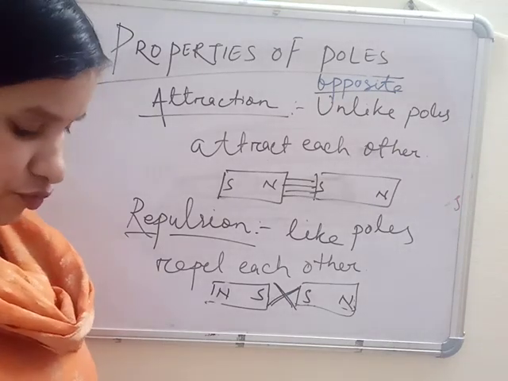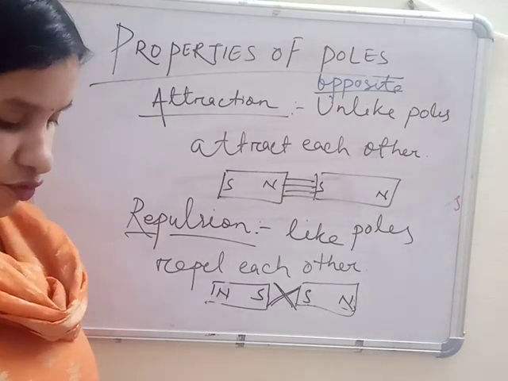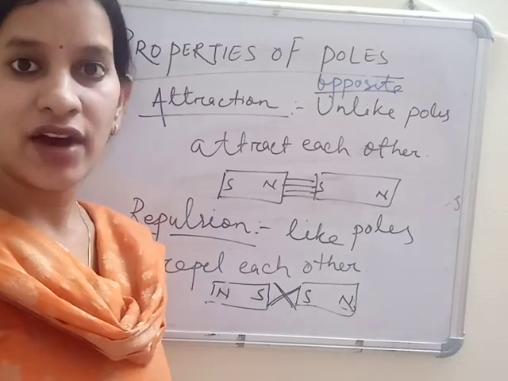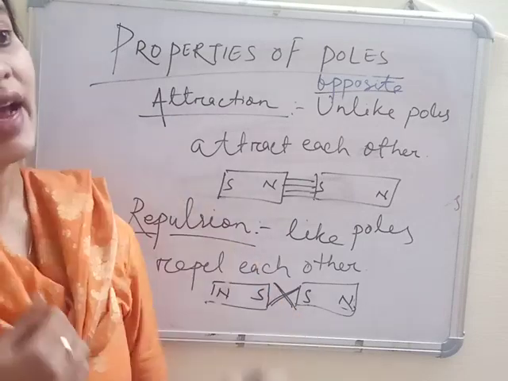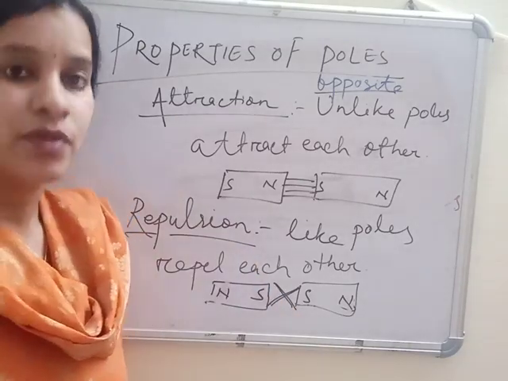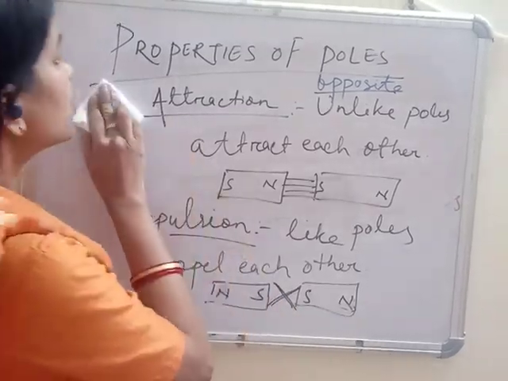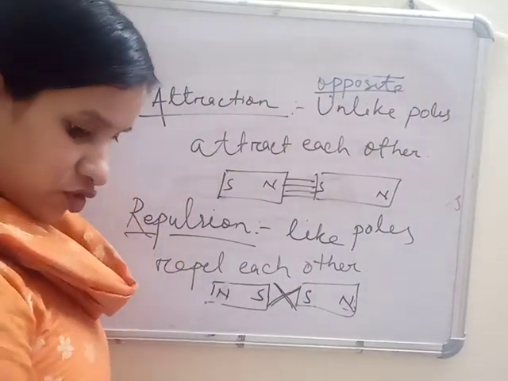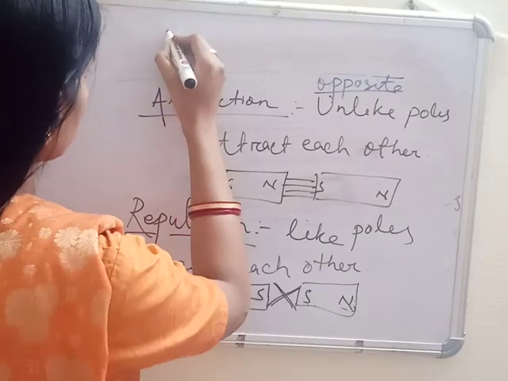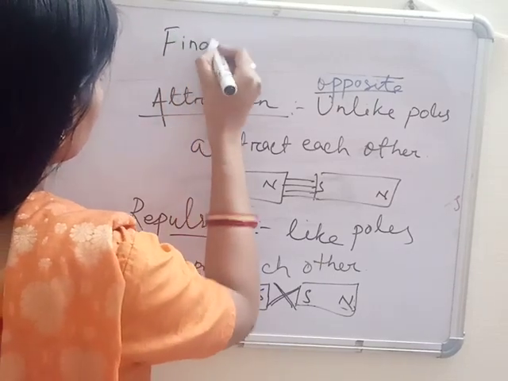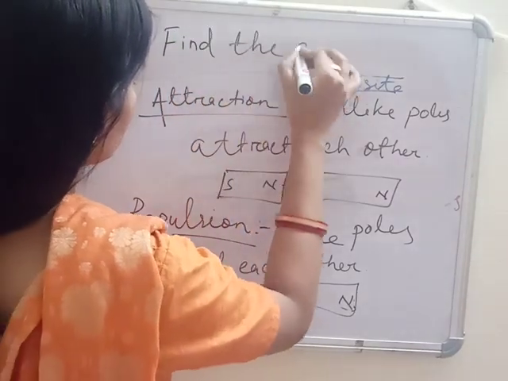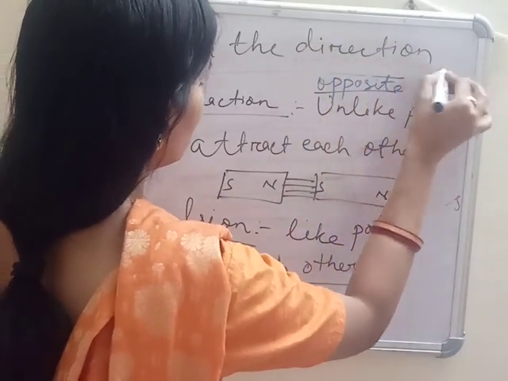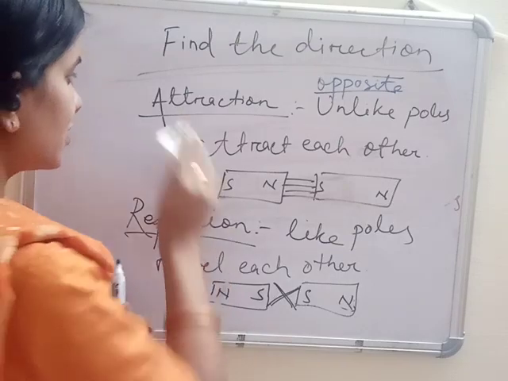Next we are going to move to the use of magnets. Nowadays magnets are widely used, but magnets were also known to ancient people. Ancient people used magnets to find direction. So how is the magnet helpful to find direction, let's see that.